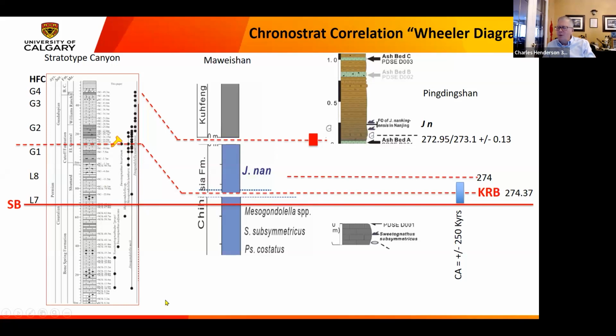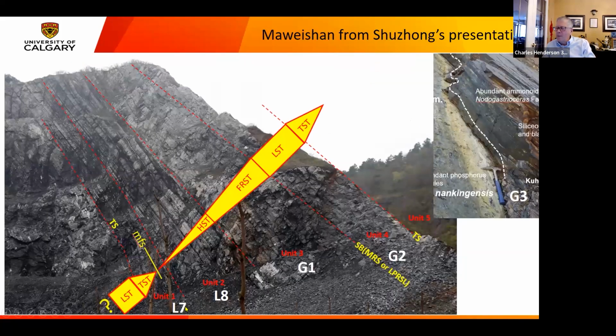And just reminding myself here, the high frequency cycles that were described by Charlie Cairns in the Guadalupe Mountains, I've suggested these might be the Chuan Fun looked at all of these different units. Maybe we can call these L7, L8, G1, G2, and there's G3.